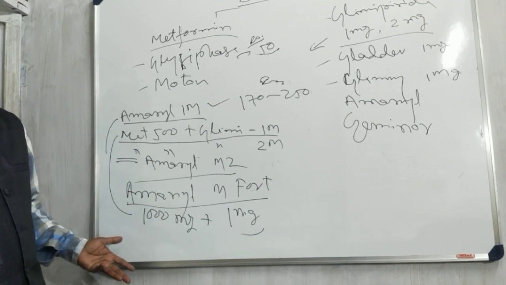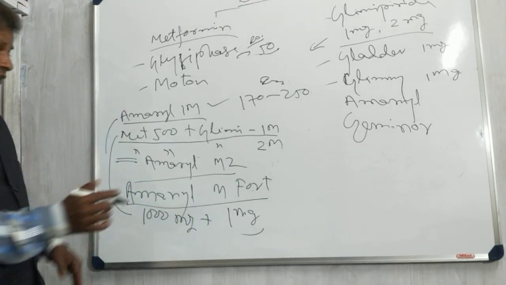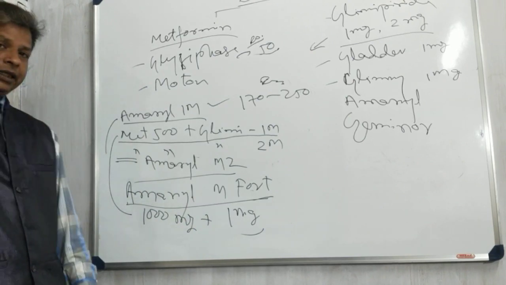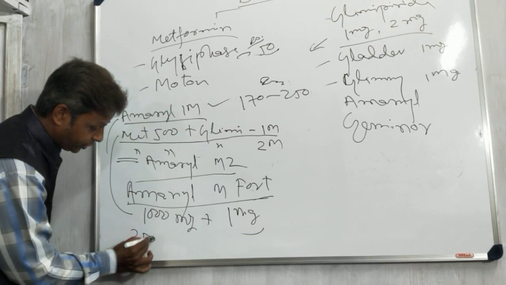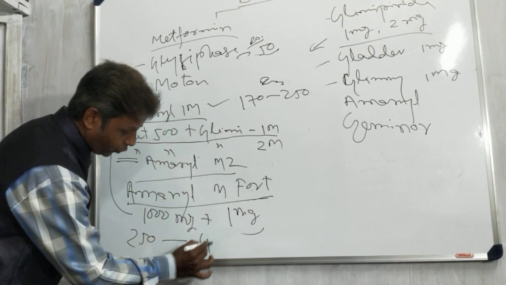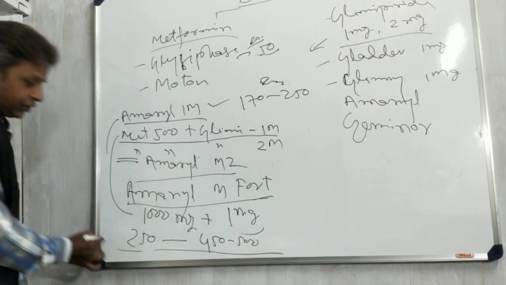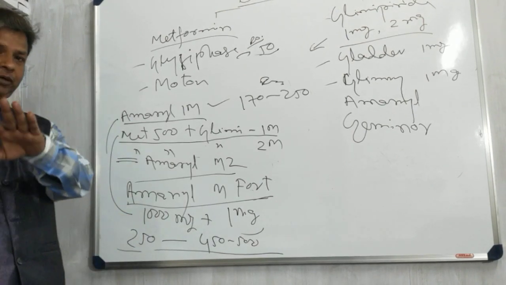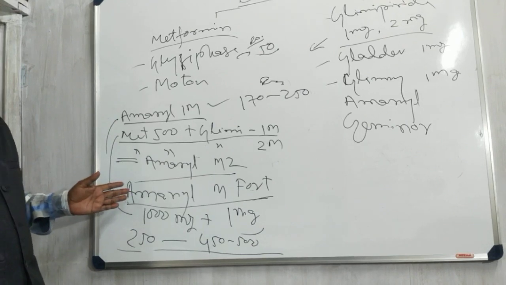This is very good. Take Amaryl M4 one time or 2 times daily. When your blood sugar is 250 to 450 or 500, this high, take these medicines. Within 2 to 3 months you will get better. This is not a joke.